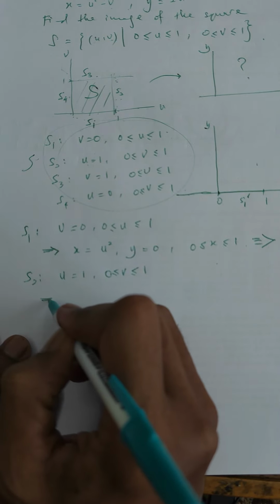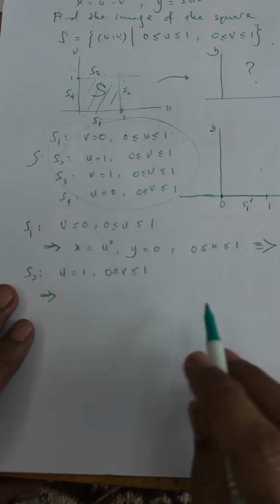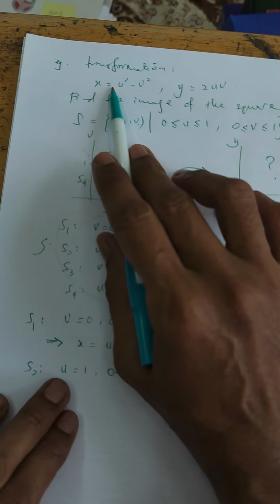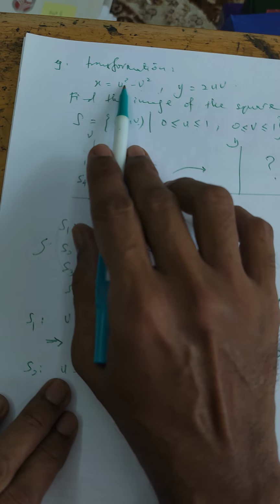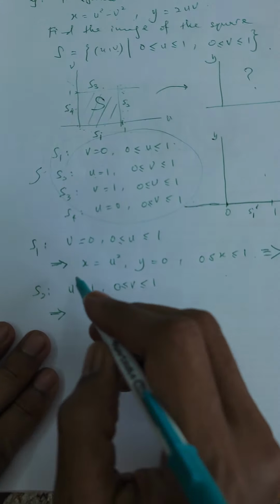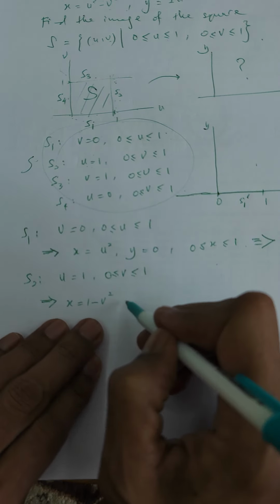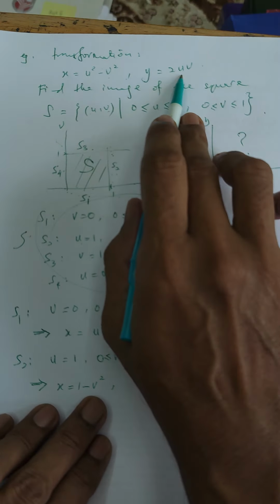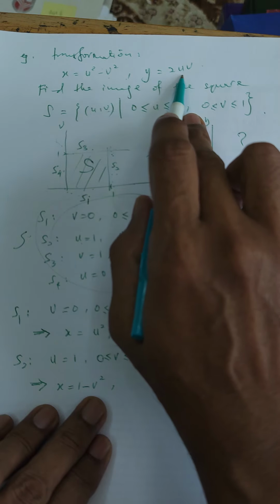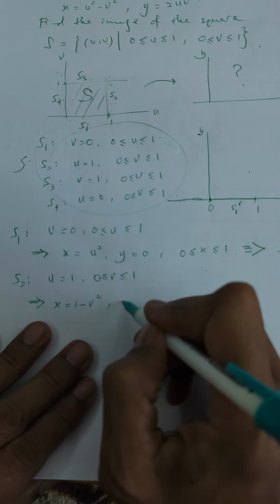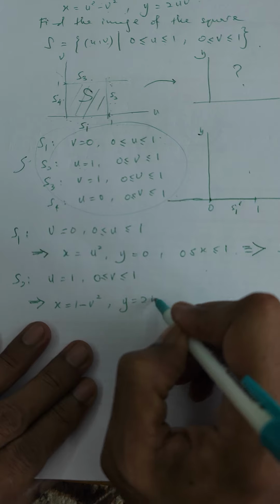If you substitute U equal to 1, we have X equal to 1 minus V squared, and Y equal to 2V.